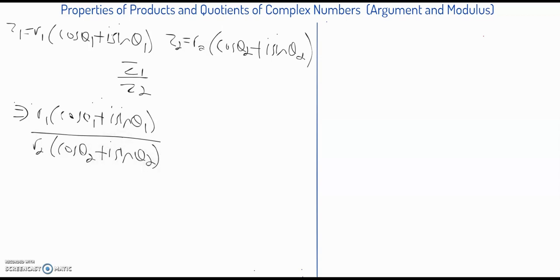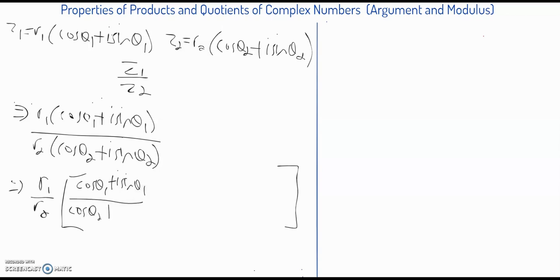Good. Now, what we can do here is to simply take out the R1 over R2 and have that by itself over there. So right away, we have figured out what the modulus is going to be already. This is going to leave me with cos theta 1 plus I sine theta 1 over cos theta 2 plus I sine theta 2.